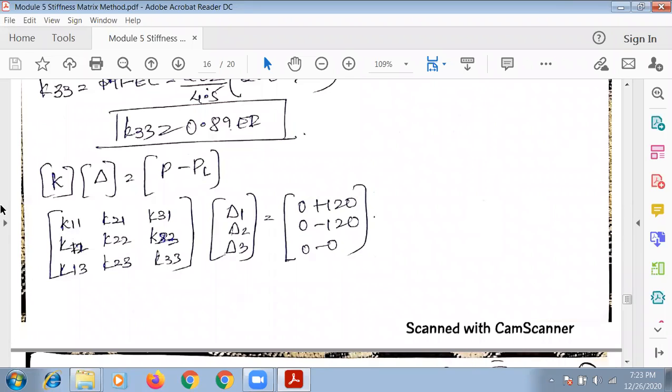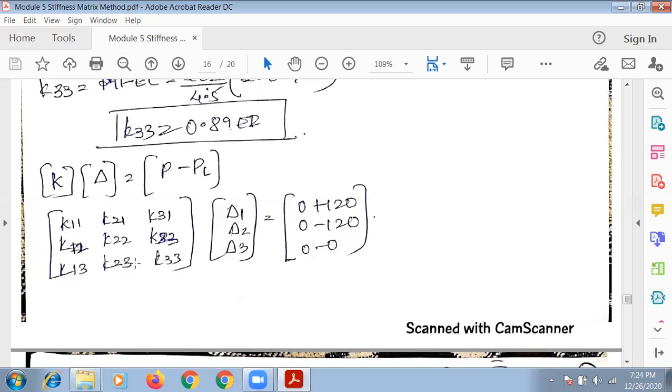We've used one textbook method wherein they have used such a formula. You better write it like this: K11, K12, K13, then K21, K22, K23, K31, K32, K33. Write it like this, and then substitute the values.